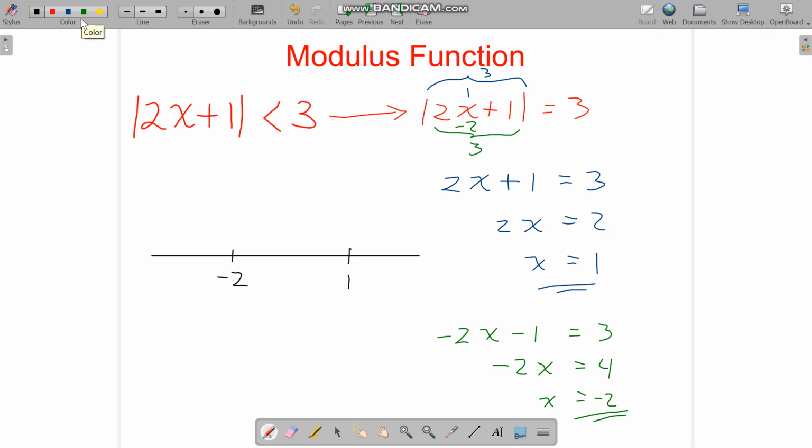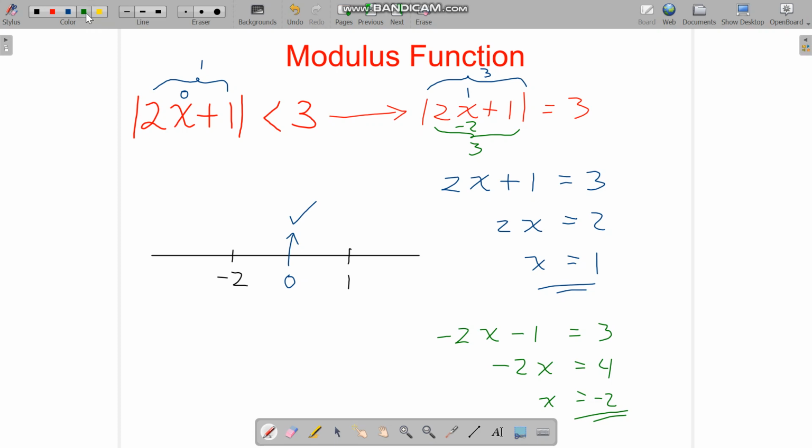So for the interval in the middle, we can just use 0, because 0 is of course between minus 2 and 1. If you plug in 0, you replace the x with 0, you will get 0 plus 1 is 1. 1 is smaller than 3, yes it is smaller than 3, so we use this interval.